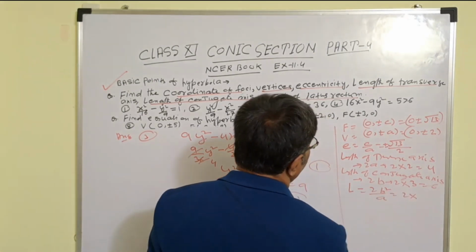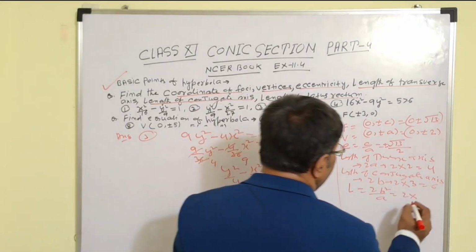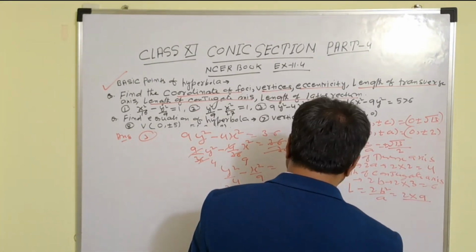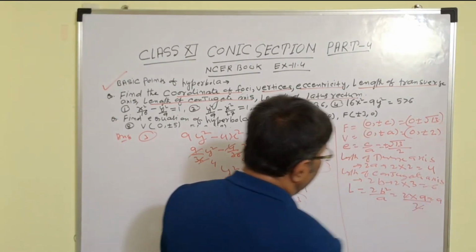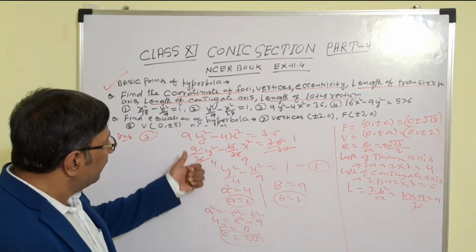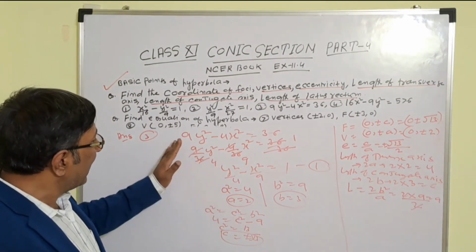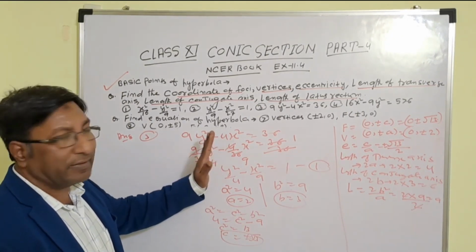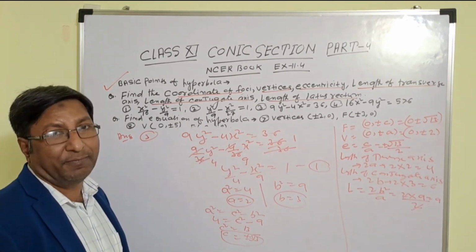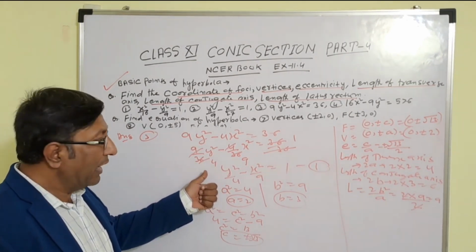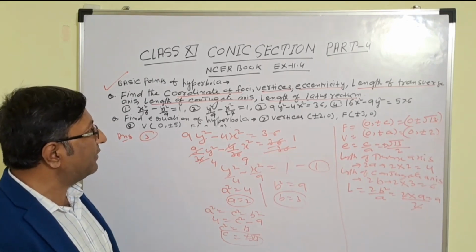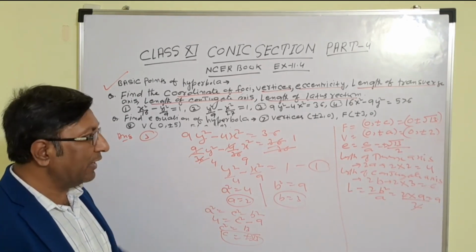So 2 multiplied by b square, which is 9, so 2 into 9 divided by a, which is 2. This cancels out and you will get 9. So for this type of question, 9y square minus 4x square equal to 36, first you convert the equation into the standard form of the hyperbola, and then you solve like we have done in questions 1, 2 and so on.